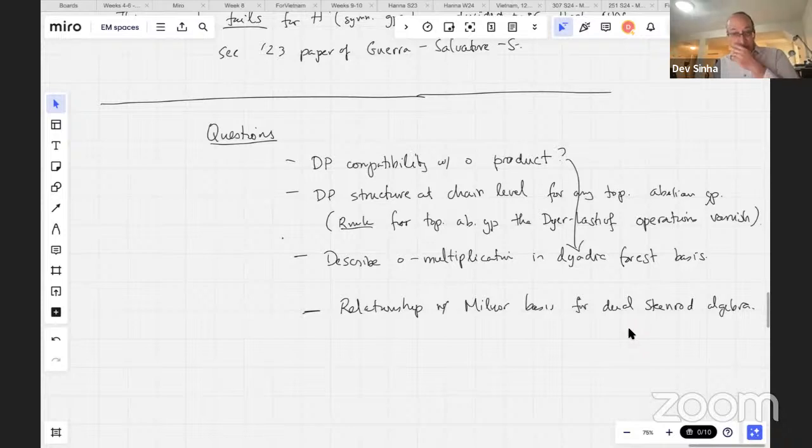So the dual Steenrod algebra is going to be in here. I think it's the dyadic trees within the dyadic forests, but again, there's lots to be worked out there. And then you would also want pairing with the cohomology. And in the symmetric group case, this would be the pairing of the Dyer-Lashoff algebra with the cohomology of symmetric groups. You end up getting the same pairing at the prime two.